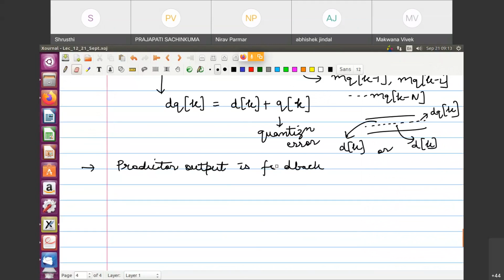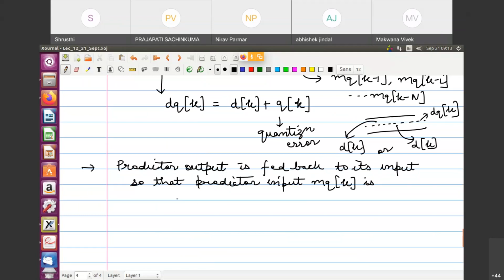It is fed back to its input, so that the predictor input m_q k is.